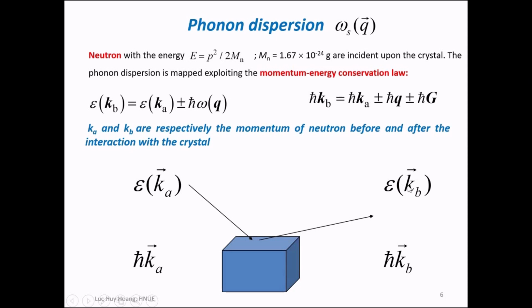So we compare the difference between the particle's momentum before interaction and after interaction, so we can understand the omega_S(q) inside. Because it's outside, we can know the initial state and the state after interaction, and then compare between the two, so we know the property of the phonon inside. Okay, so this is an easy concept.